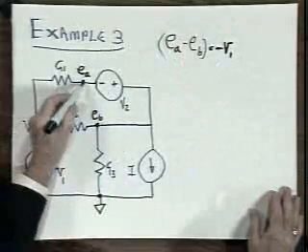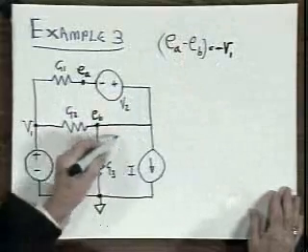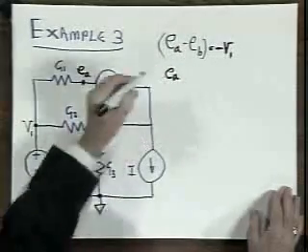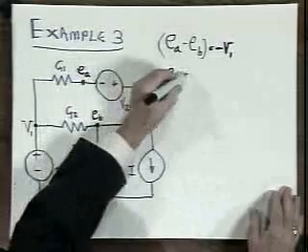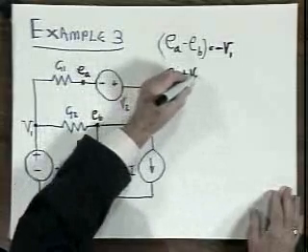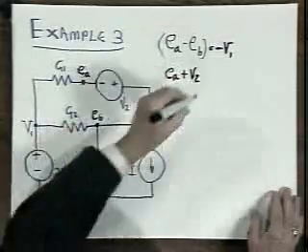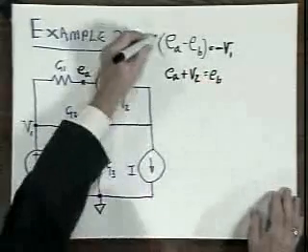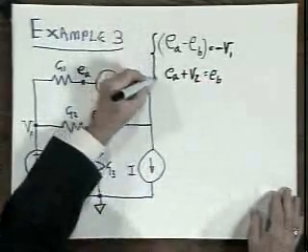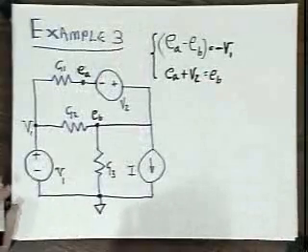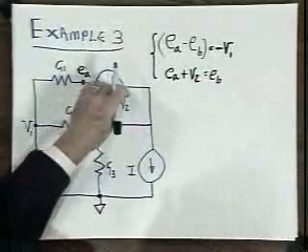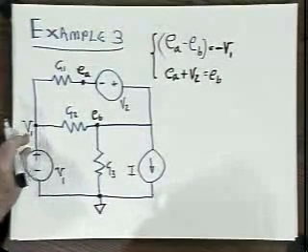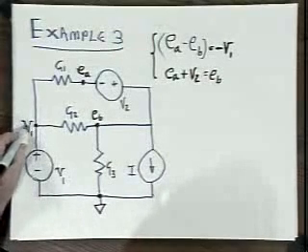Or equivalently, if I start at this point and just walk around to E sub B, the voltage E sub A plus the rise through this voltage source, the rise is plus V2, must equal the voltage at this point, E sub B. So these equations, they are the same equation, just expressed two ways, represent the constraint imposed by this voltage source. The constraint imposed by this one is already taken care of by labeling this node V1.